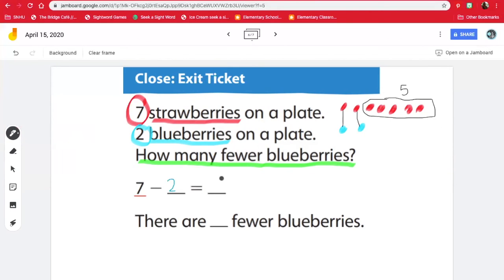So that means there are 5 fewer blueberries. How many fewer blueberries? 5, because we can look at this picture and see here that there's no blueberries left. So that means we plug this number in to our answer. So there are 5 fewer blueberries.